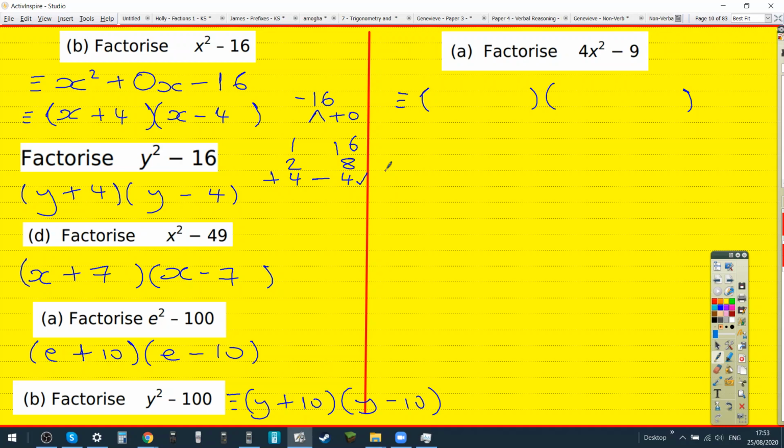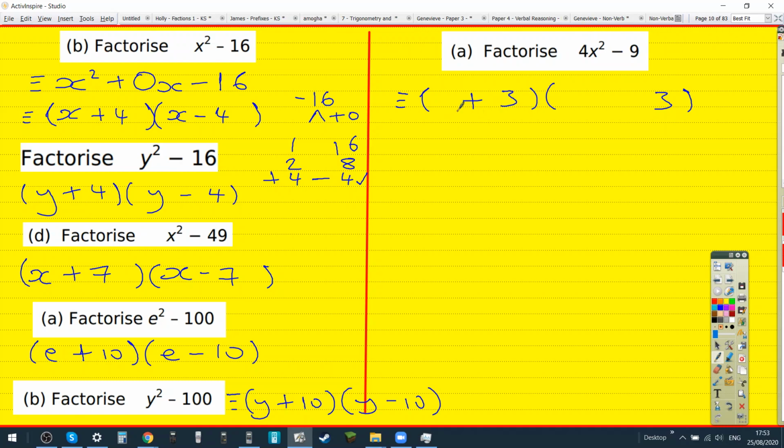That will be 3 for the 9. Yeah. So it will be x plus 3, or 4x plus 3. So it has to be what times what makes 4x squared overall.